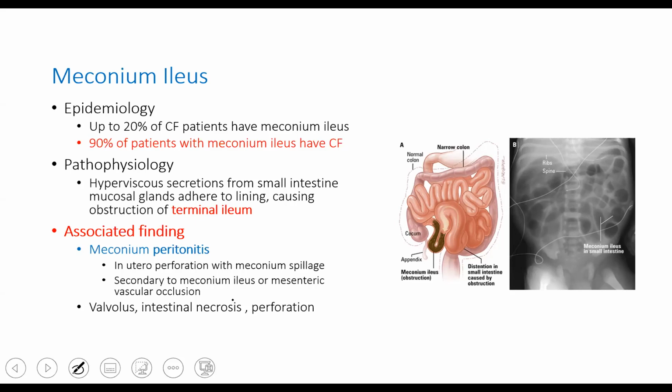The obstruction in meconium ileus is mainly in the terminal ileum, and that's why we call it meconium ileus: the ileus means slow motility, and the ileum, most commonly the terminal ileum. So this is not a large bowel obstruction. This baby presents with small bowel obstruction because of the meconium.